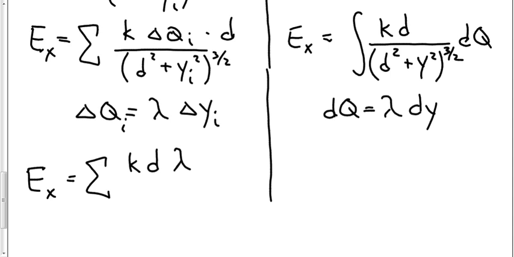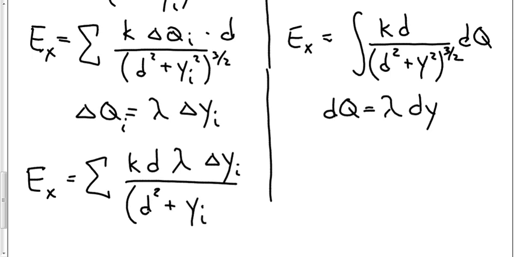Remember, here's my substitution. Instead of delta q, I'm writing lambda delta y for that little segment, and then everything in the denominator is still the same. Anything dependent on those little segments, I'm putting a little I on it.